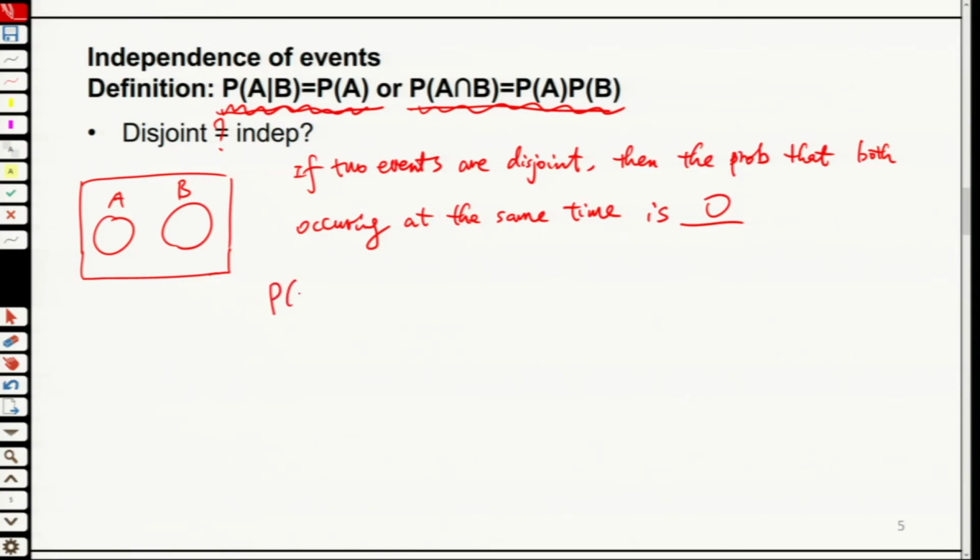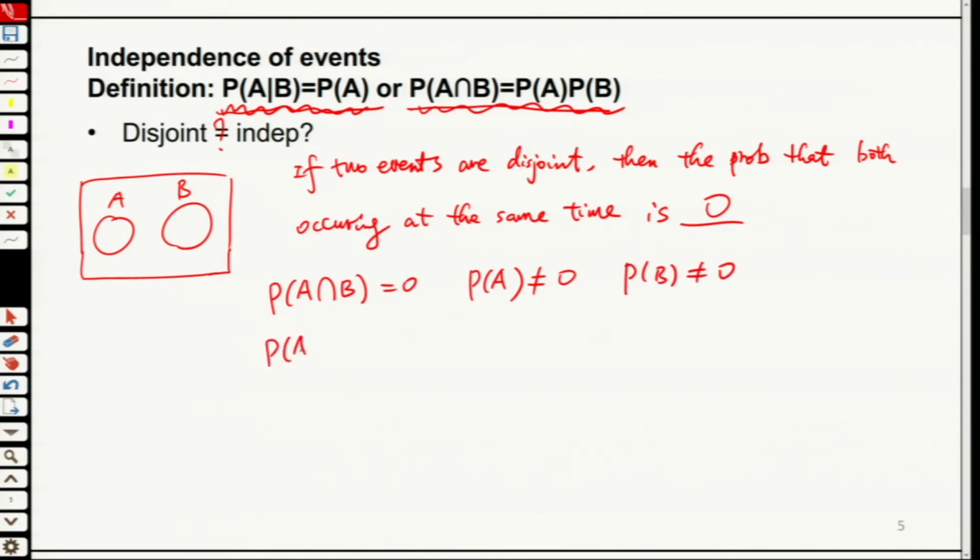So what we have is P(A intersect B) equals 0. But here we have A happening, and the probability of A does not equal 0. The probability of B does not equal 0.